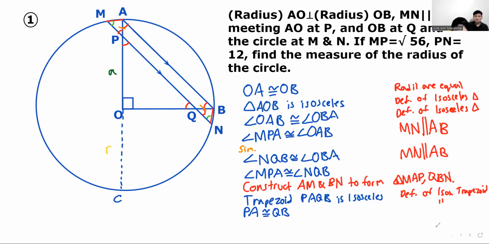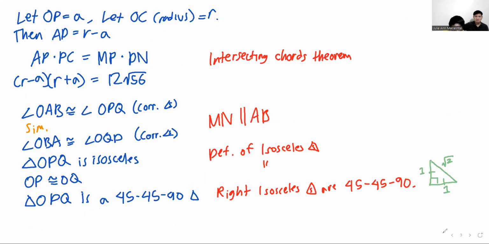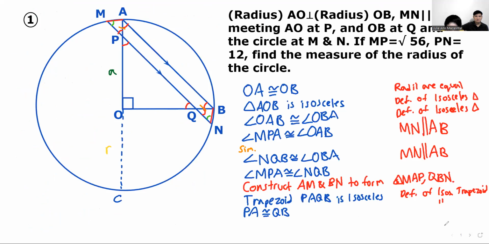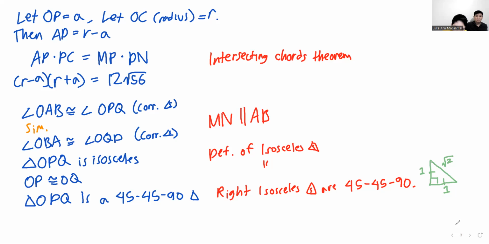So we will use that here. Since OPQ is a 45-45-90 triangle, we can find OP, and we will need OP. Our current situation is that we have two variables, R and A, and then we have a value.